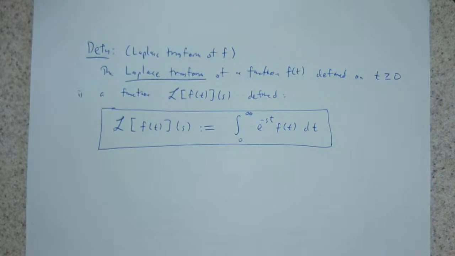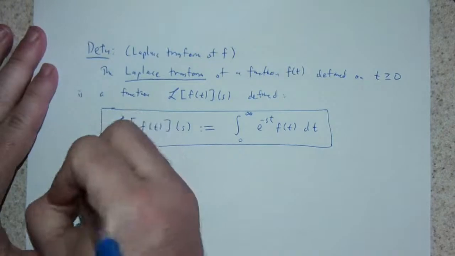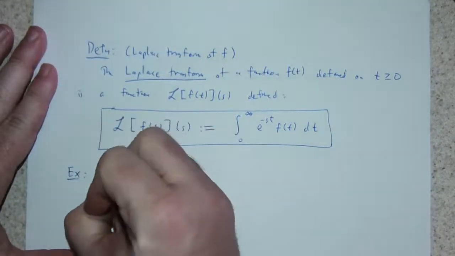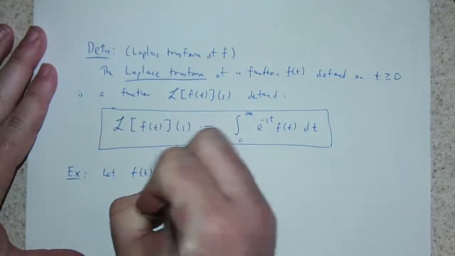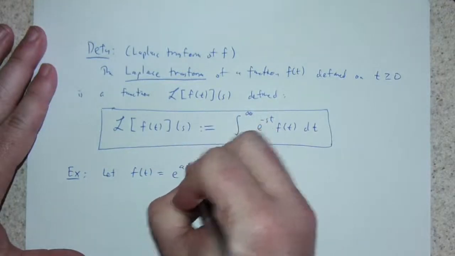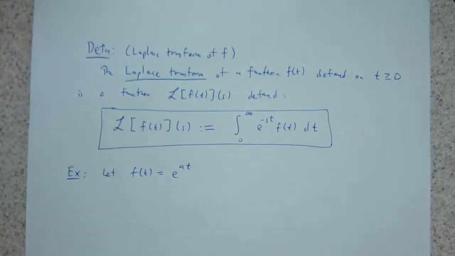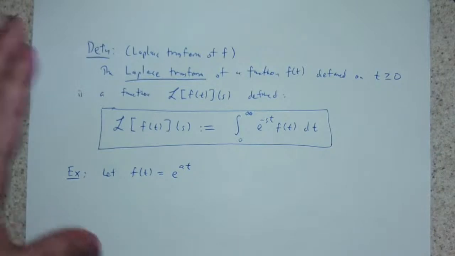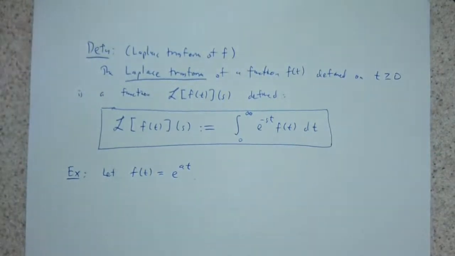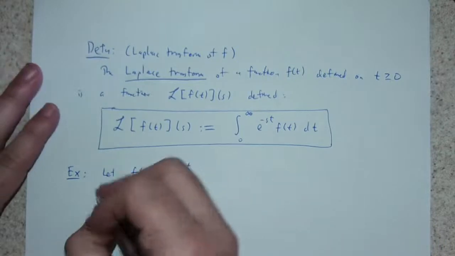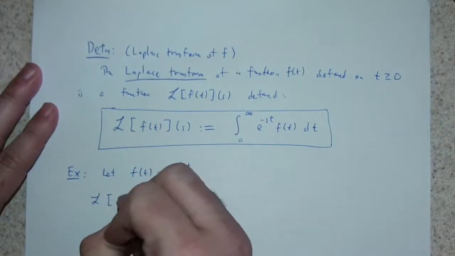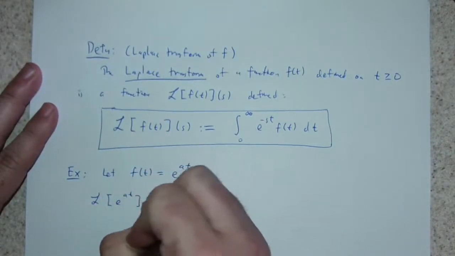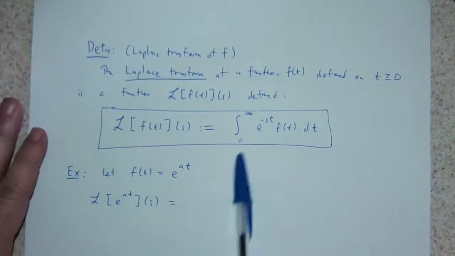Okay, so let's see how this goes. Let's do just a quick example here. Let f of t be equal to e to the at, right? So let's compute the Laplace transform of e to the at of s. Well, what is that according to this definition?